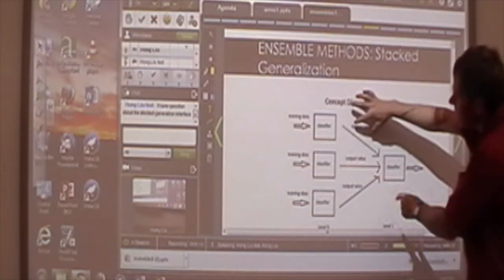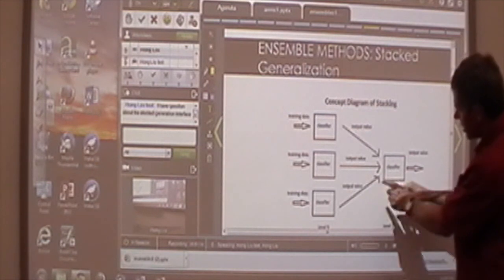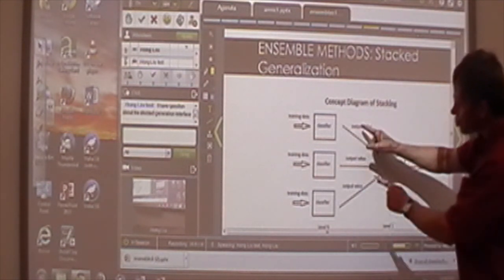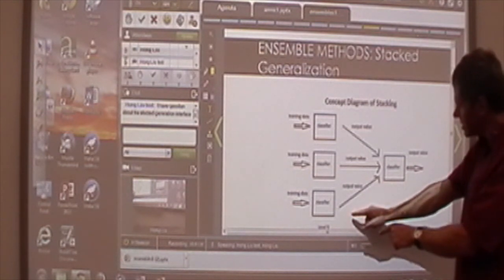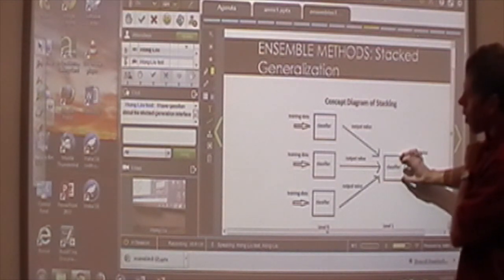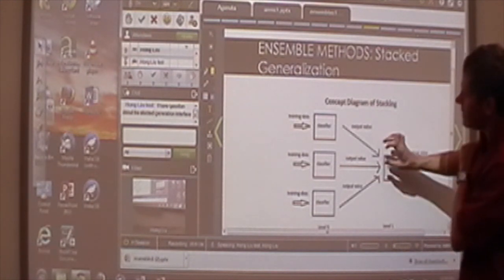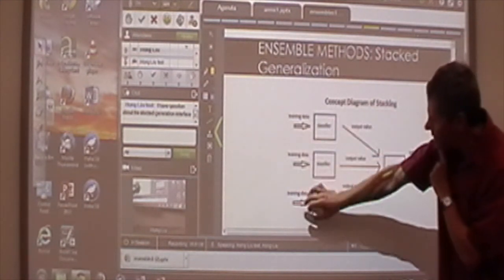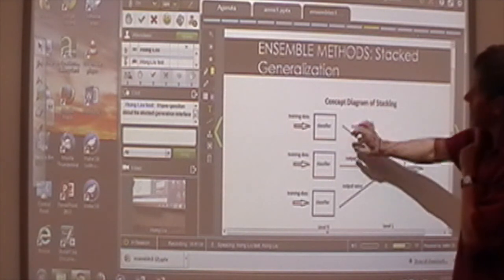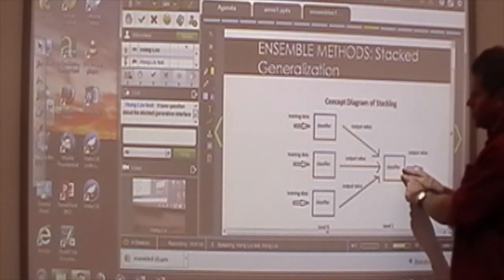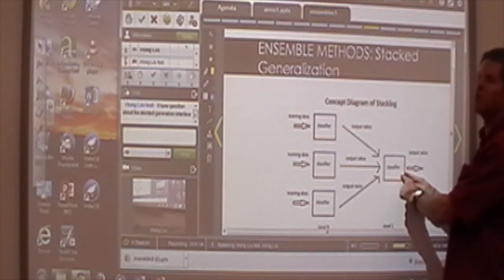So now you're going to take those output values, and you still have that actual value, and those are now going to be a training and testing set for your level 1 classifier. It's not working on your original training data now, it's working on the outputs of the classifiers as your training data for your new level 1 classifier.